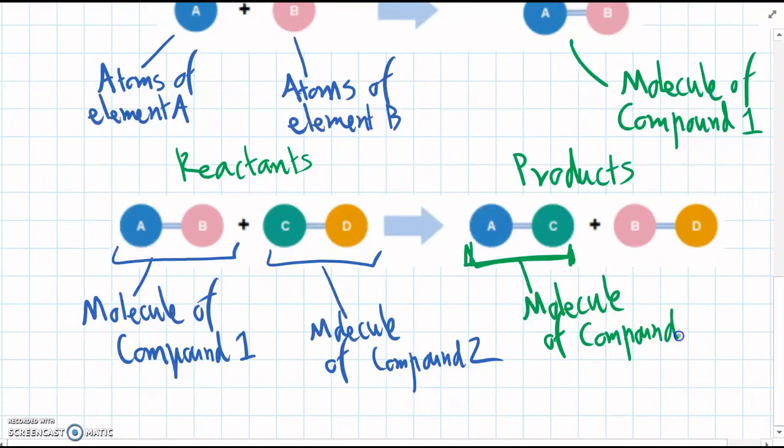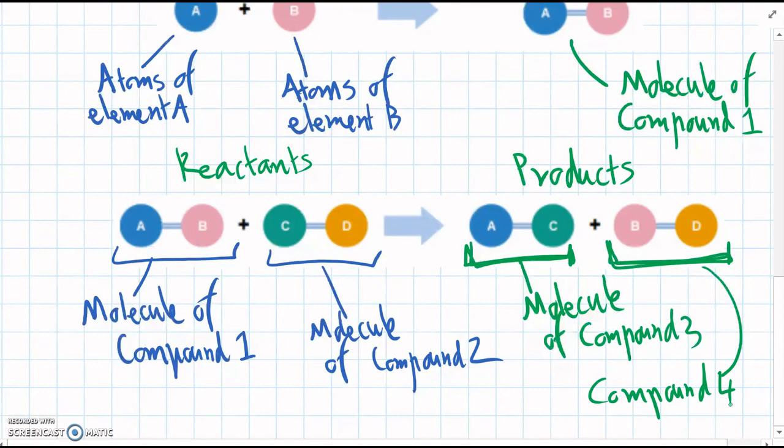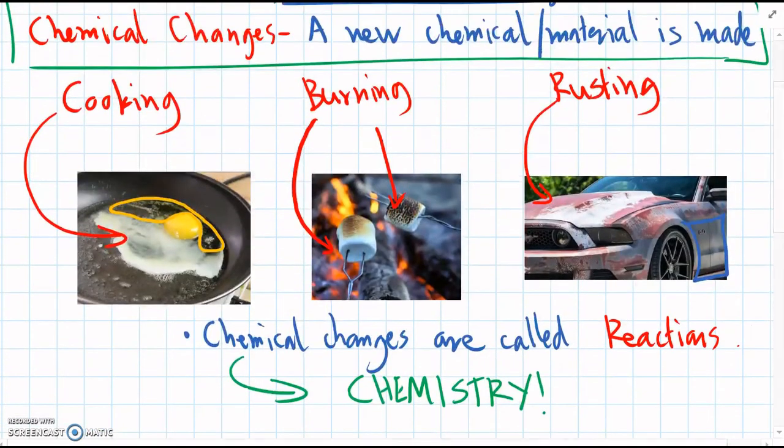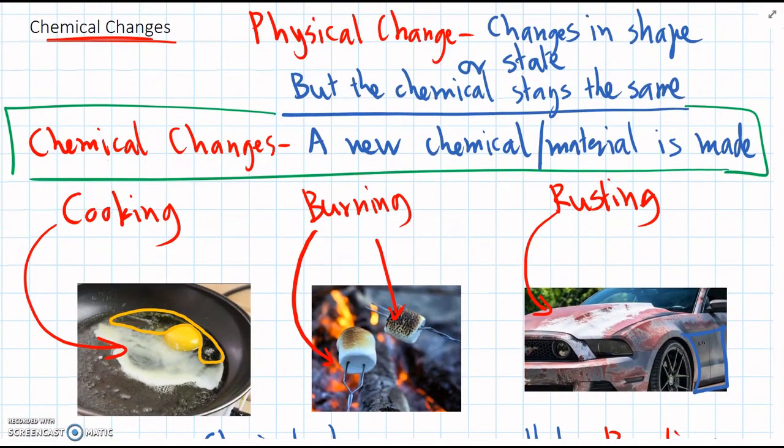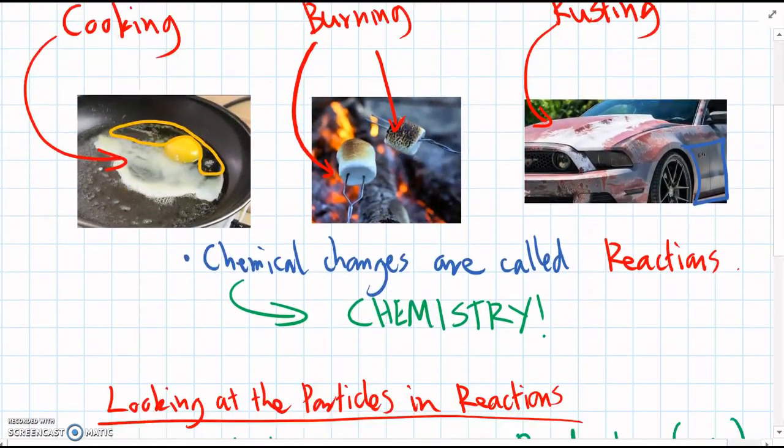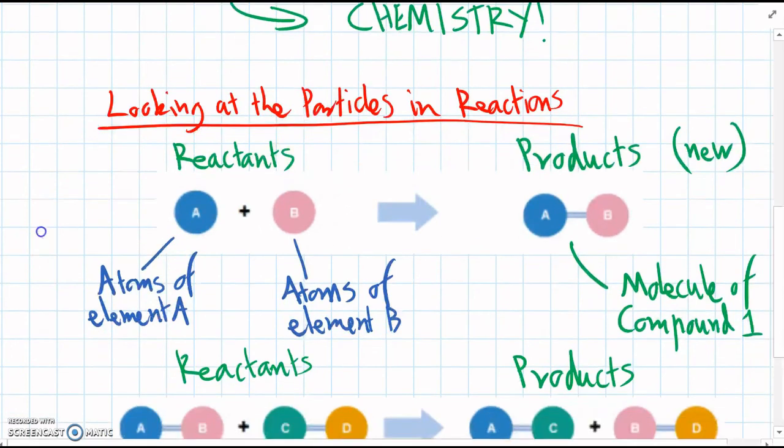We've got a new compound, compound 3. And then the B and the D atoms have joined together and we've made another new compound, which is also a molecule. So we've got a compound 4. So overall, chemical changes are when new chemicals are made, and they're called chemical reactions.